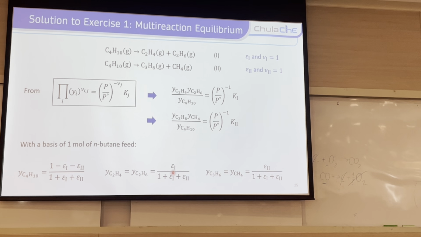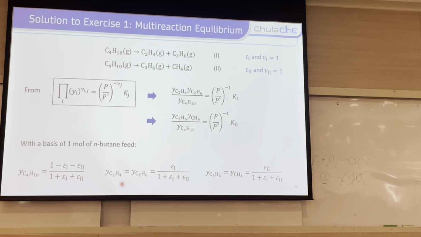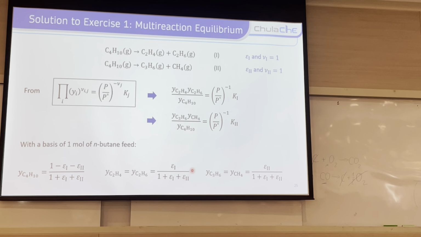For reaction 1, the mole fractions of ethylene and ethane will be equal to this one. And for reaction 2 here, the mole fractions of propylene and methane will be equal to this one. So right now you have clarified each mole fraction in terms of epsilon 1 and epsilon 2.